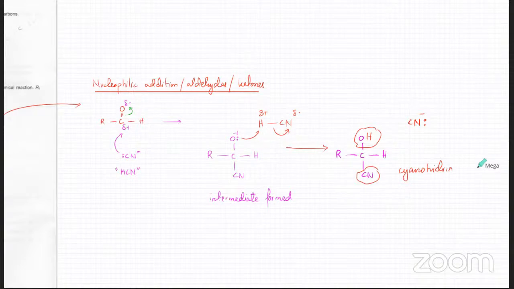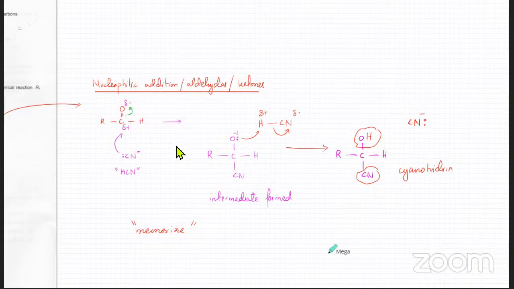Yeah, this is one mechanism for nucleophilic addition that you have to memorize. It's one of the mechanisms for organic chemistry. You have to memorize this nucleophilic addition mechanism. So this one has to be memorized. So, sir, this is the way we perform the nucleophilic addition, right?